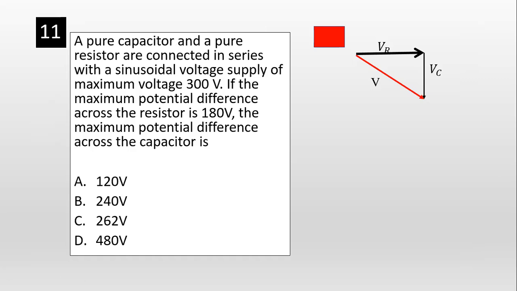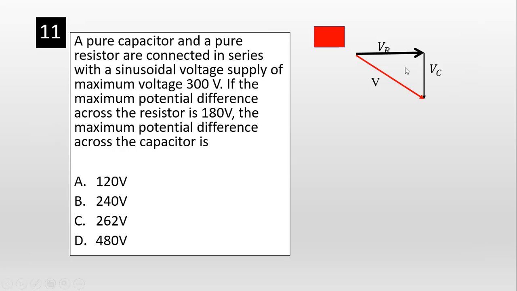A pure capacitor and a pure resistor are connected in series with a sinusoidal supply of maximum voltage 300 volt. If the maximum potential difference across the resistor is 180 volt, and the maximum potential difference across the capacitor, you want to find the maximum value.